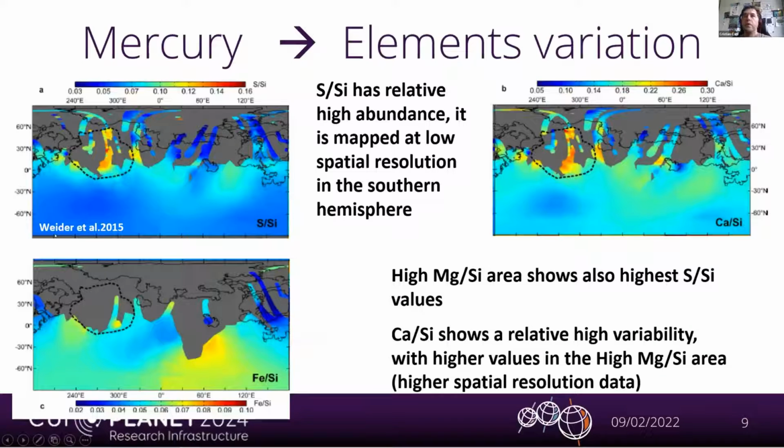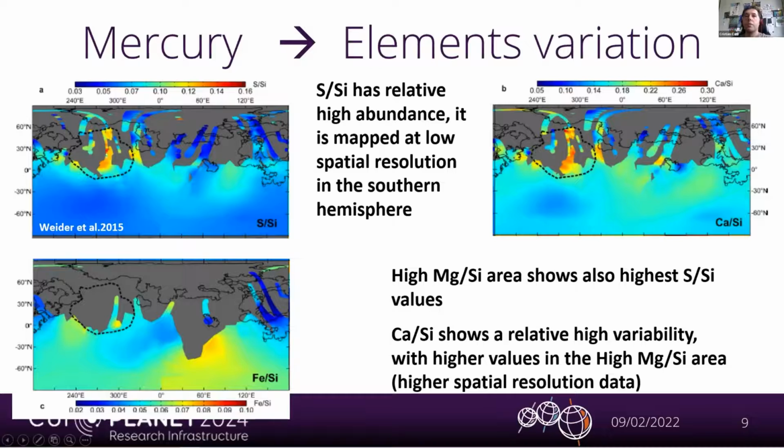Three other elements I would say were mainly mapped on the Mercury surface, and they are sulfur, calcium, and iron. And they are also telling something very important. First of all, we already heard from Valentina's presentation that Mercury is not so depleted in volatiles like we were thinking before the MESSENGER mission.